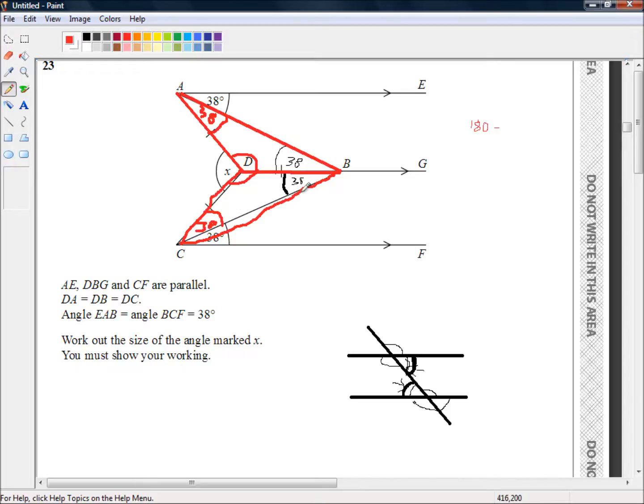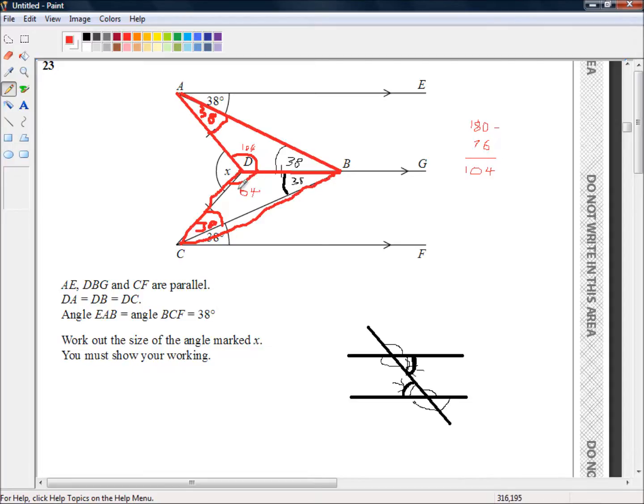Well, 2 times 38, 2 times 8 is 16, 2 times 3 is 6, so that's 76 degrees. So 180 minus 76. 4 plus 6 is 10, so that will make that into 80, add 100, so the difference is 104 degrees. So this angle here is 104 degrees, which also means this angle here has to be 104 degrees.